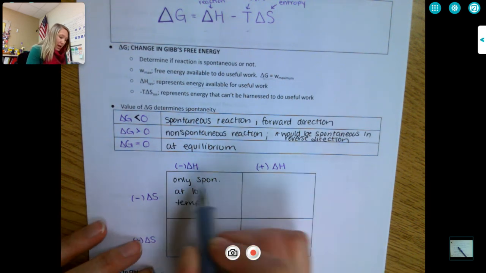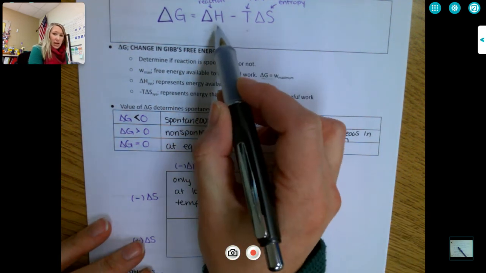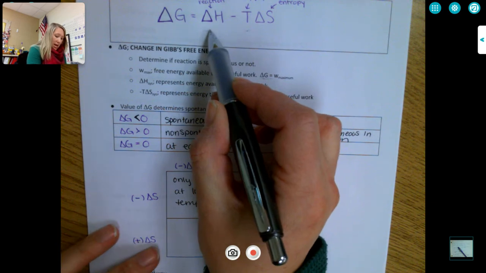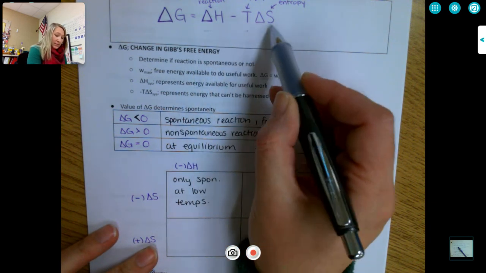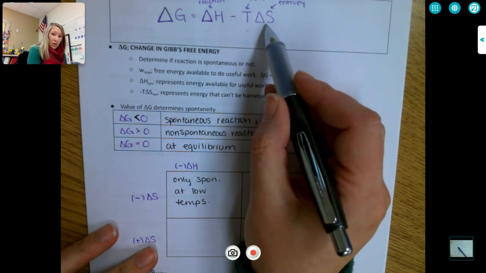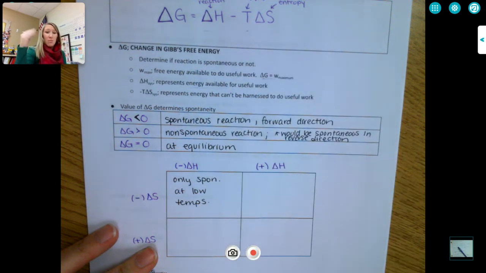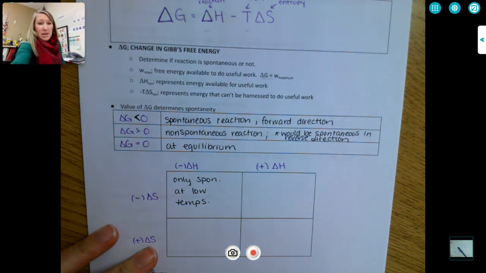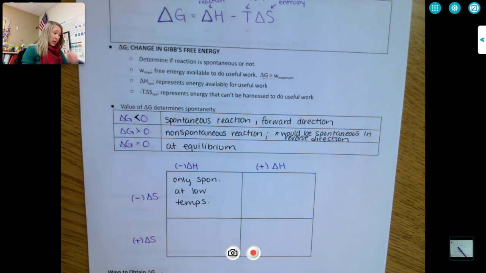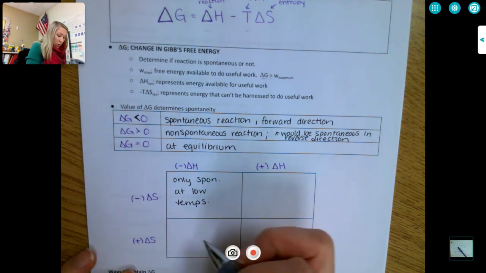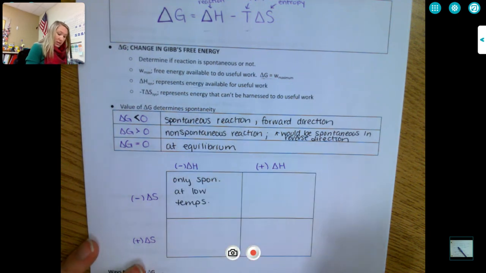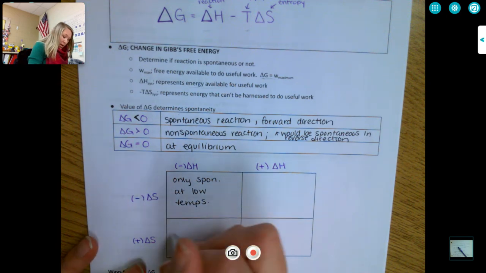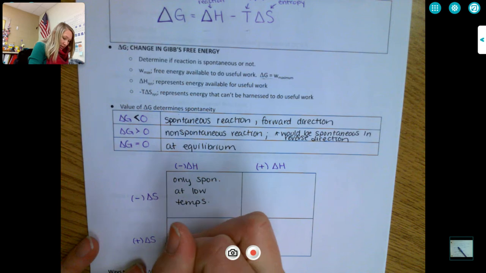If I have a negative delta H, so I have a negative value, and then I'm subtracting another value from my negative value, that's just going to make it more negative. And if I'm just making it more negative, that's guaranteeing it to be negative all the time, which means that a negative enthalpy and a positive entropy is always going to be spontaneous.